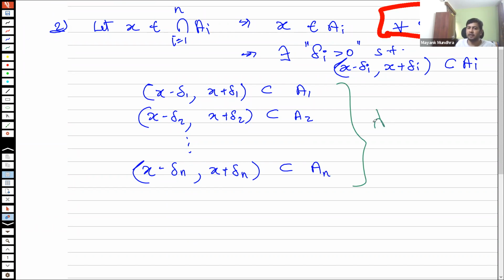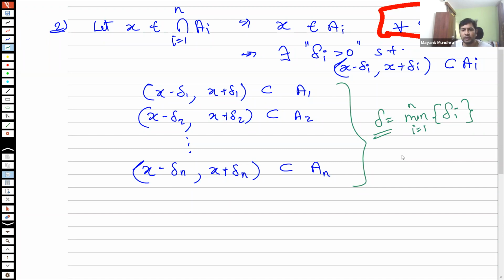Let delta be equal to the minimum of all these delta i values. For all i equals 1 to n, the delta i's have a minimum value, delta.